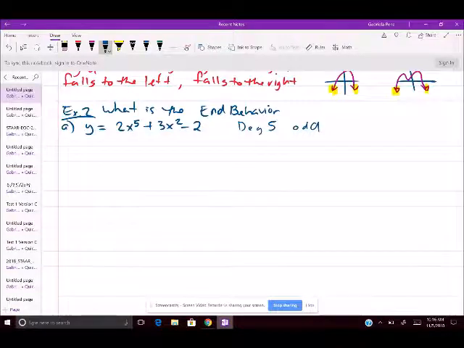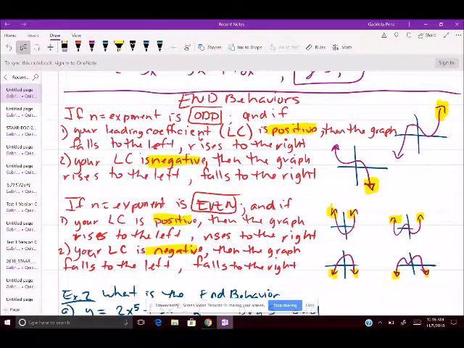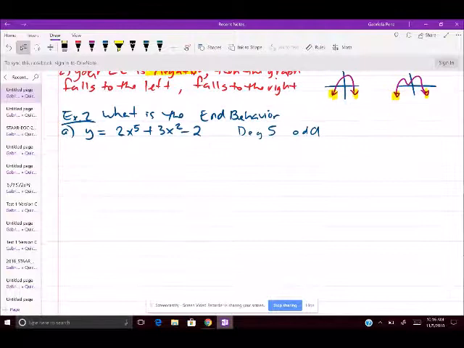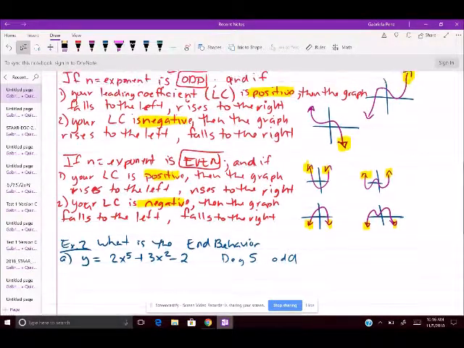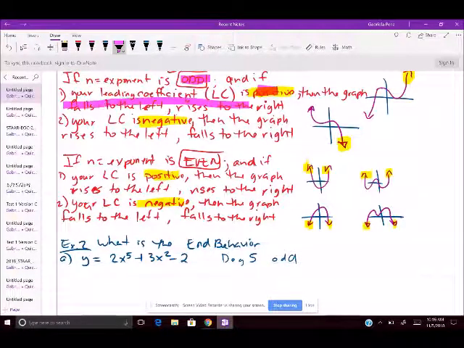I'm dealing with the top section of what I wrote. So it is odd. Now, is your leading coefficient positive or negative? Positive. So let me do it in a different color, and I'm going to erase it right now, but you're telling me it is odd and it is positive. So what is my answer going to be? That would be your answer. But you're going to have to learn to do it without your paper.